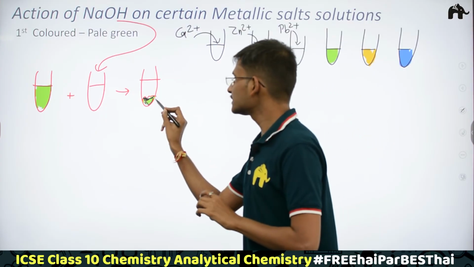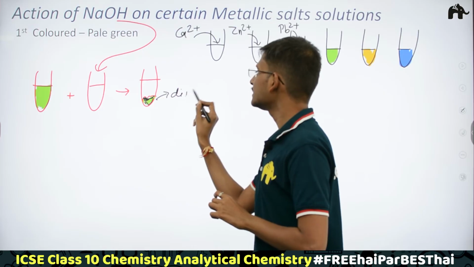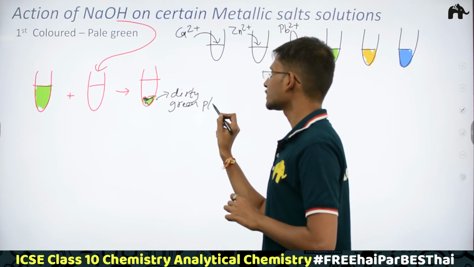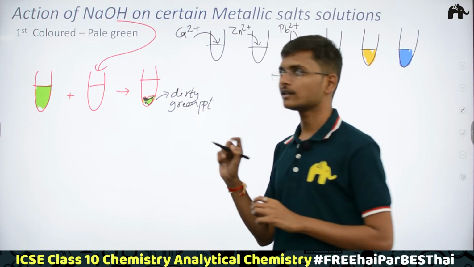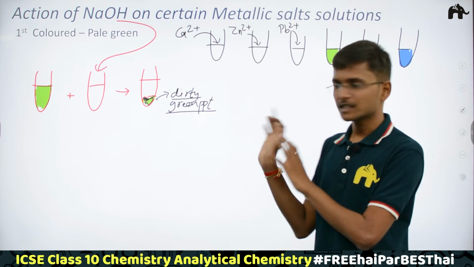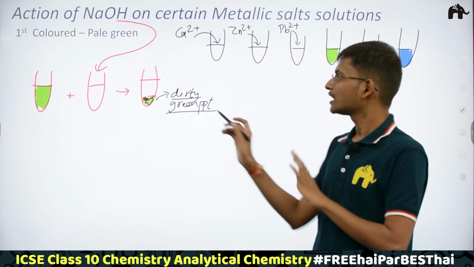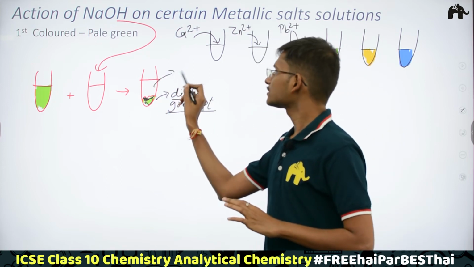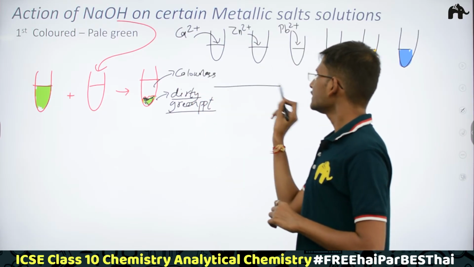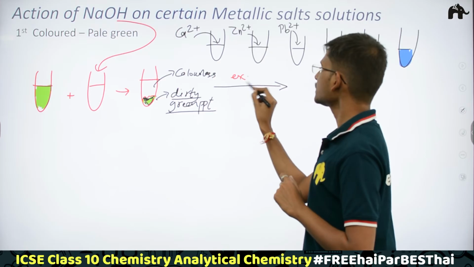So you would see this dirty green PPT. Now you have to remember the PPT's color as well, and which PPT we are getting. You have to remember that PPT's name as well, dirty green PPT, along with this colorless solution. Now what is happening when we add excess of NaOH into it?